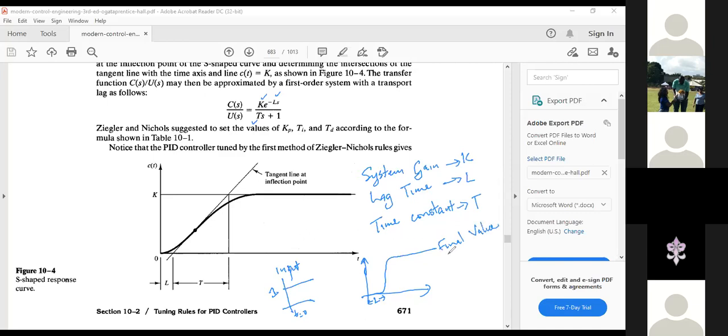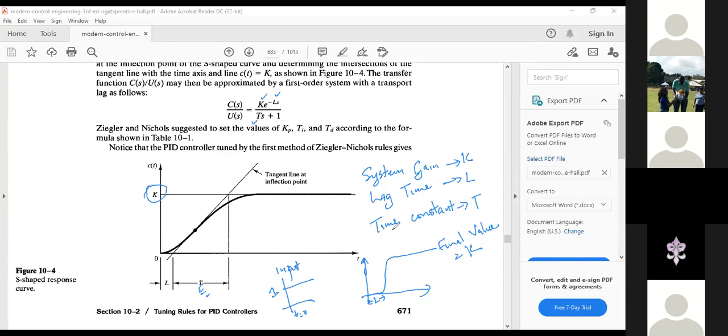When the system levels out, the final value equals K, as is here. You have two ways in which you can determine the time constant.